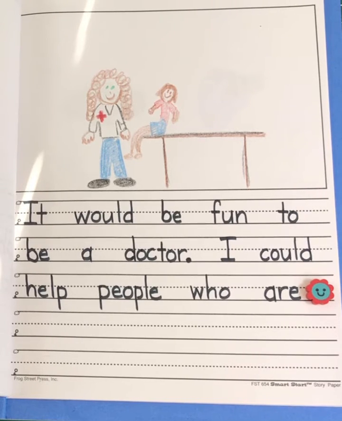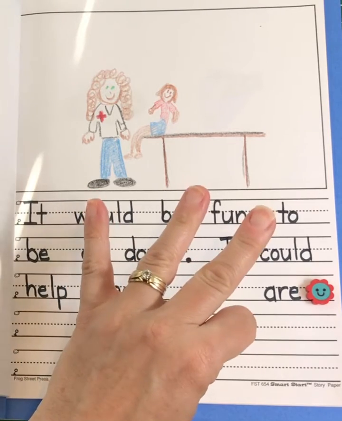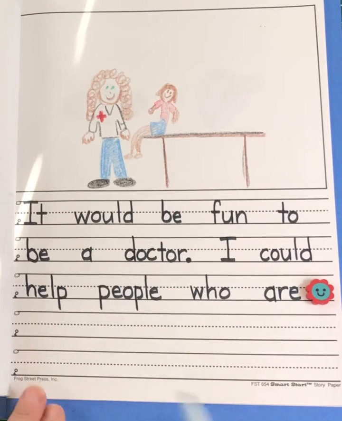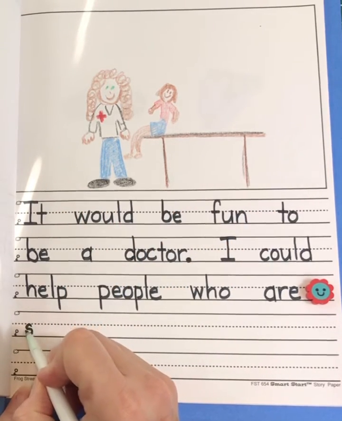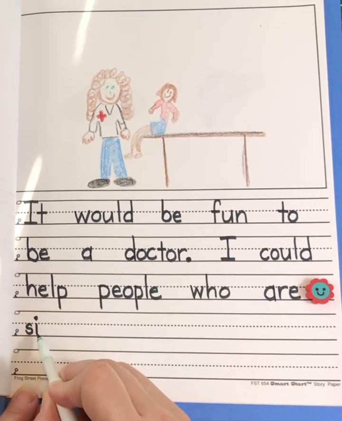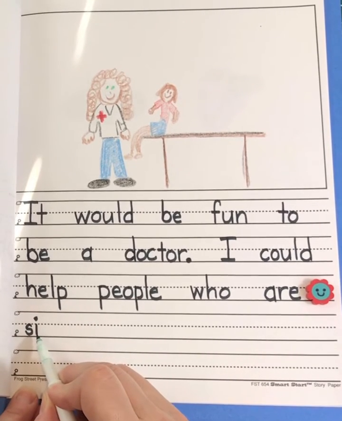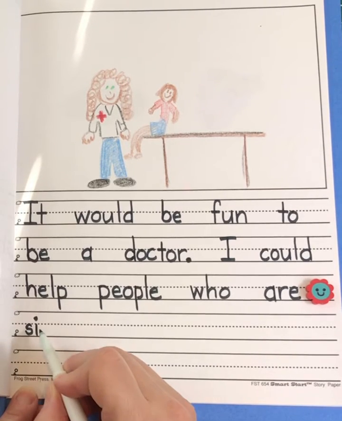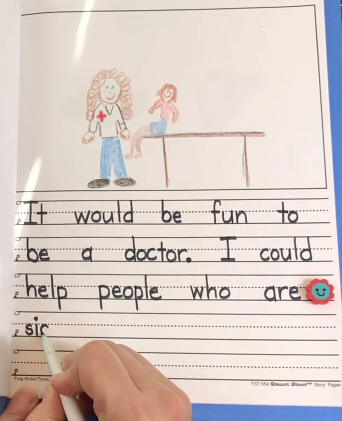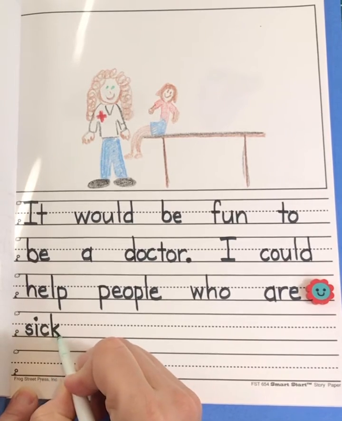Who are sick. Very good. Let's do the sounds for sick. S-I-K. 3 sounds in sick. We have a short vowel, I, and K is going to end our word. So because we have a short vowel, it will be C-K for that K sound.